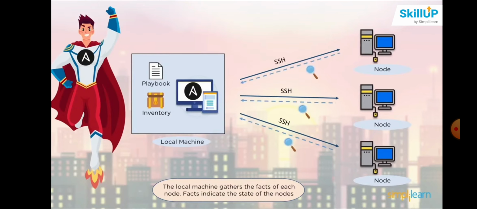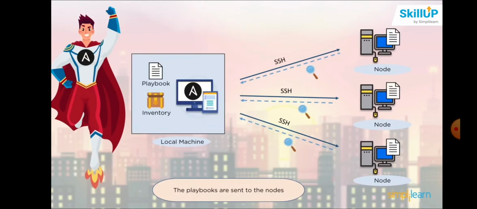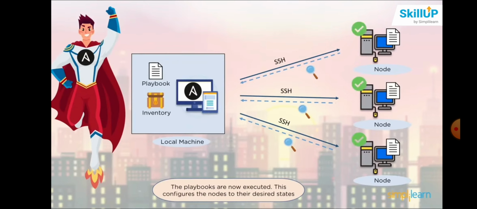It's where the facts are collected. Facts are basically the current state of the node. All this is collected from the node and sent to the local machine. So when the playbook is executed, the task mentioned in the playbook is compared against the current status of the node and only the changes that are required to be made are made. And once the playbooks are executed, your nodes are configured to the desired states.